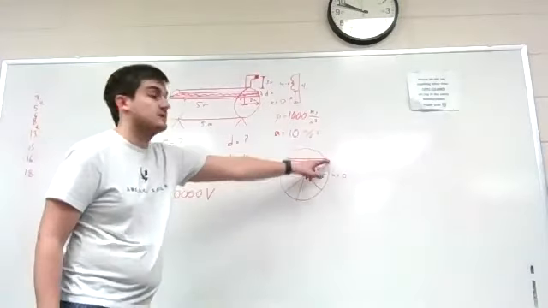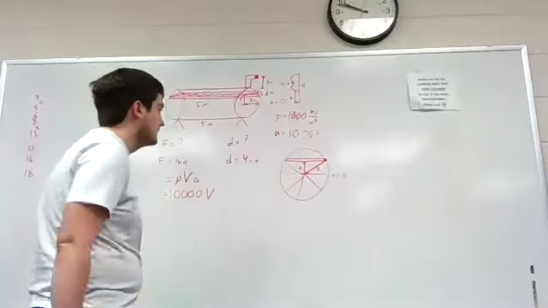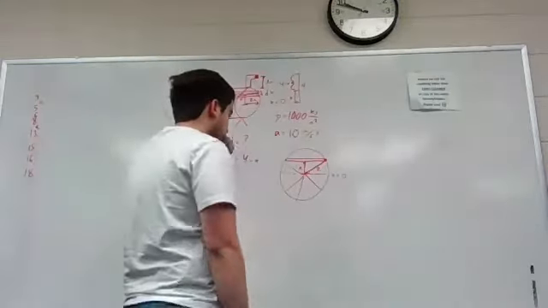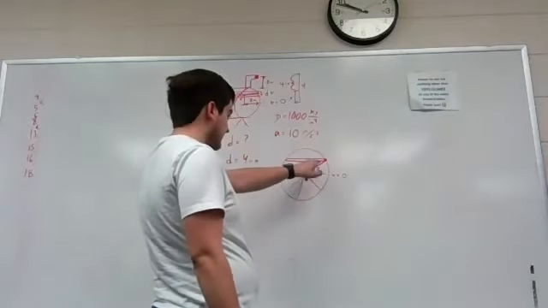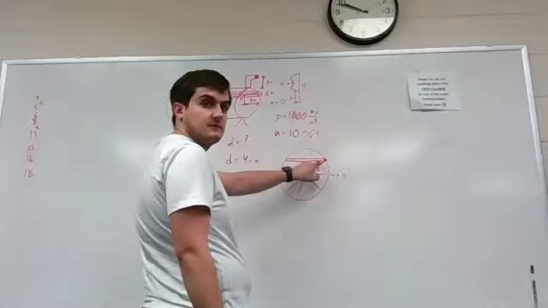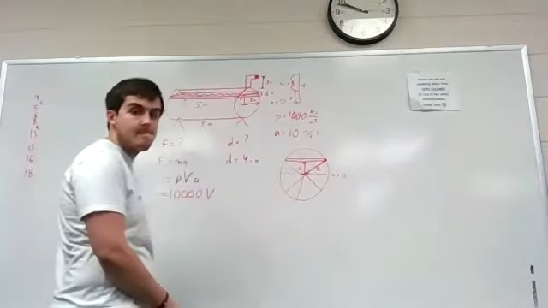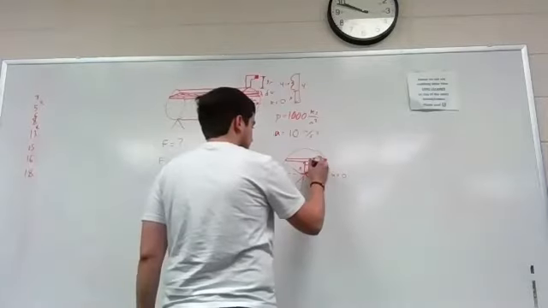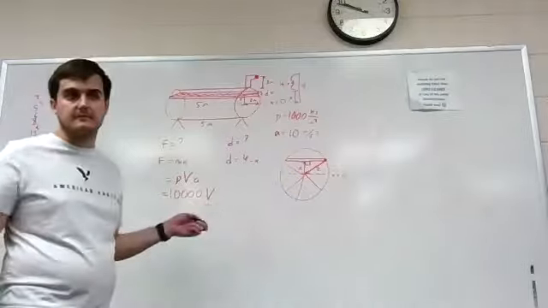Right, because I'm going from the center up to the side, which would be 2 meters. So if this distance is x and this distance is 2, can I figure out what the length of this side is? Yeah. Why is that? Right triangle. Good. So we can use the Pythagorean theorem.